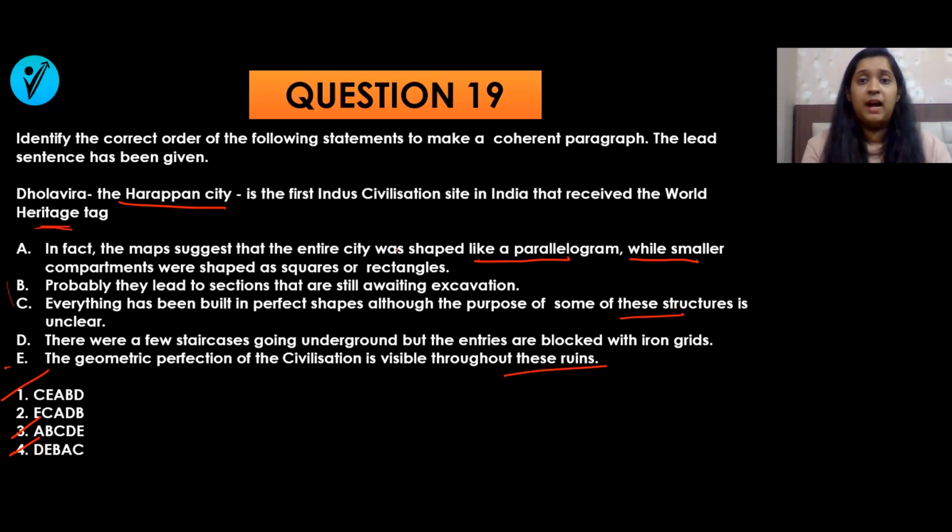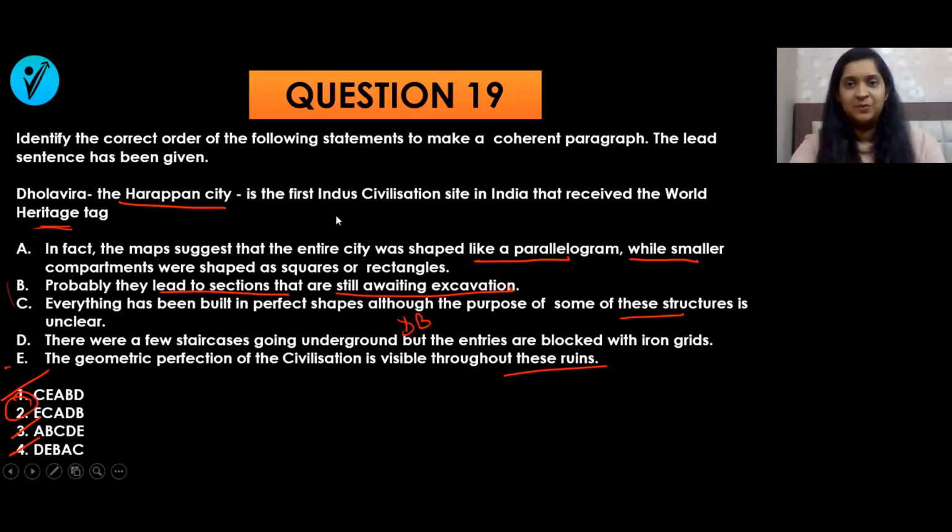Now, in fact, the map suggests the entire city was like a parallelogram, while smaller compartments were shaped as squares or rectangles. There were a few staircases going underground, but the entries are blocked with iron grids. Probably they lead to sections that are still awaiting excavation. So D and B are also mandatory pairs. So I can choose very conveniently option 2 as my correct answer.